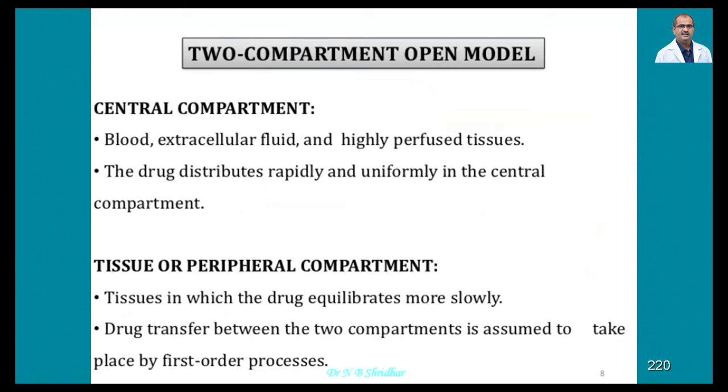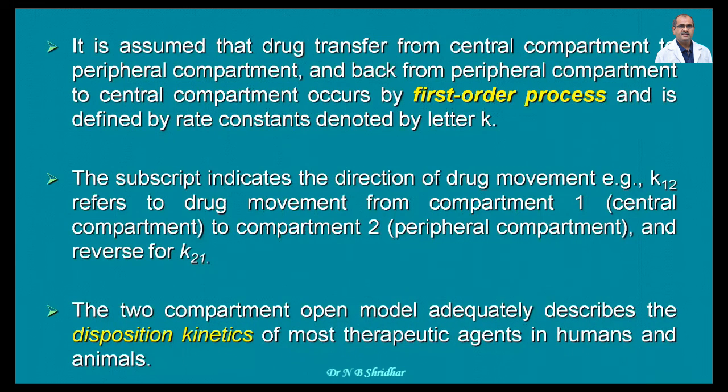The drug distributes rapidly and uniformly in the central compartment, whereas in the tissue or peripheral compartment the drug accumulates very slowly, as usual. The drug transfer between the two compartments is assumed to take place by first order kinetics usually. That means many drugs follow the two compartment open model.